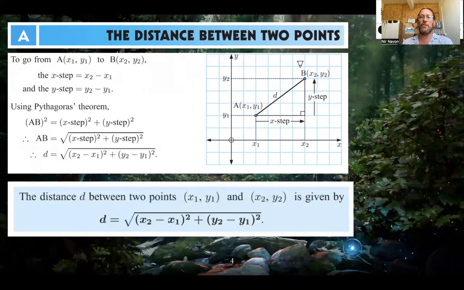The distance between 2 points. So we have a point A, which is x1, y1, and point B, x2, y2. Let's look at this because we'll see it later again.